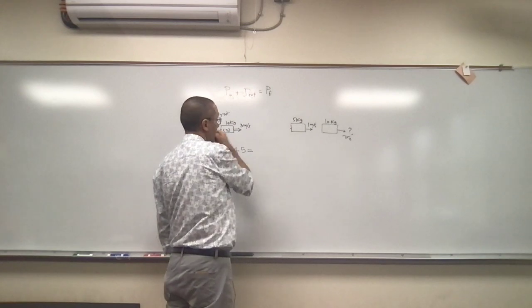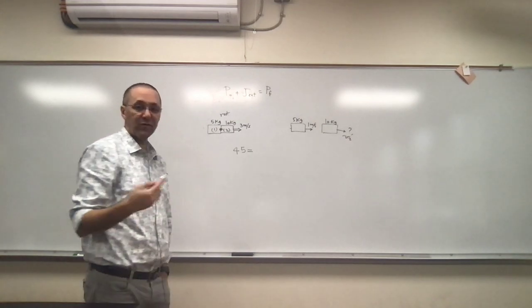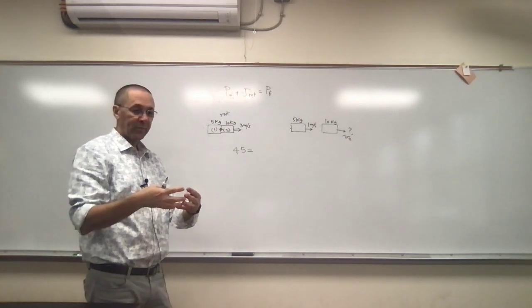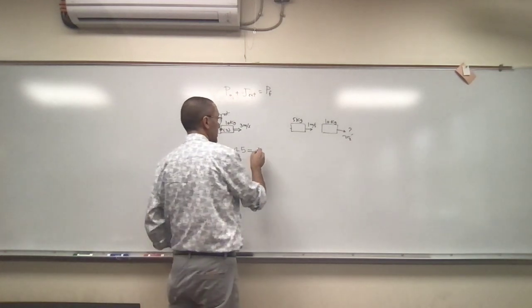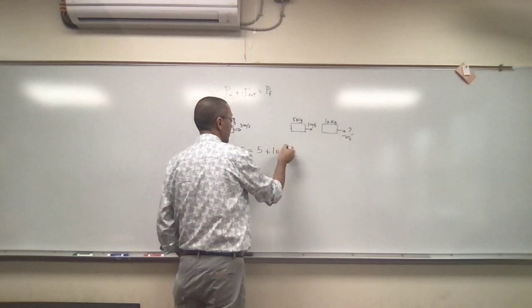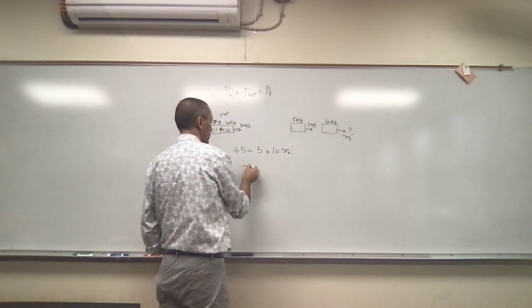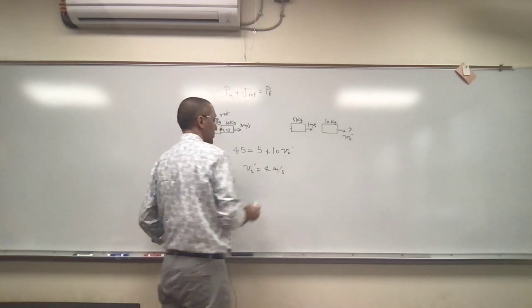So it could be bouncing back because of that explosion. And that explosion is internal. That's a force that happens between the parts of the system, which is the 2 masses. So that's 5 times 1 plus 10 times V2 prime. Now V2 prime, if I do the math correctly here, should be 4 meters per second.